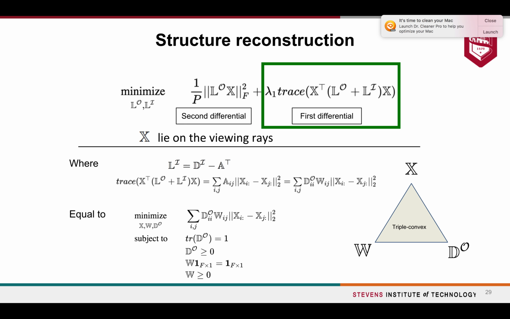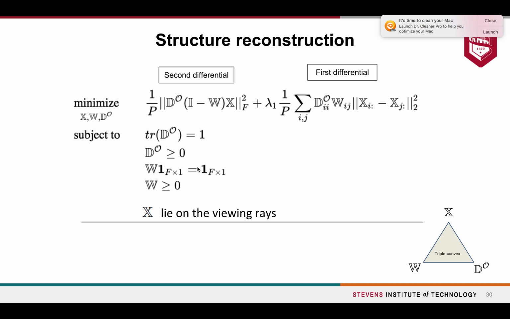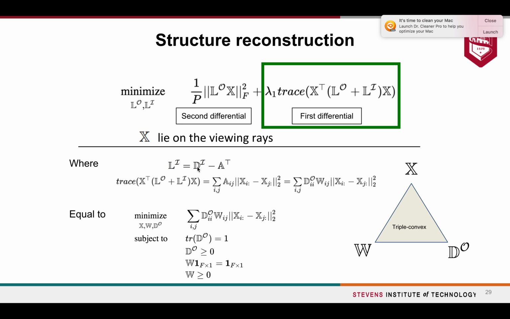And our definition here includes another matrix called the in-degree matrix, which is the in-degree Laplace matrix. Here the in-degree matrix is the sum of each column of the adjacency matrix, which means the sum of the values of the edges that point into these frames.